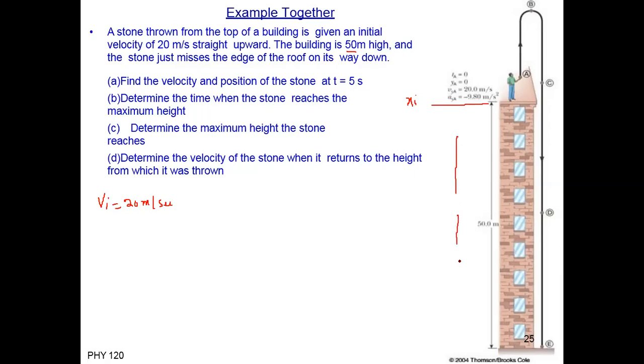Downward. So this one is xf. xf is equal to 50 meters, but minus 50 meters, because upward distance is positive and downward distance is negative. So xf is equal to minus 50.